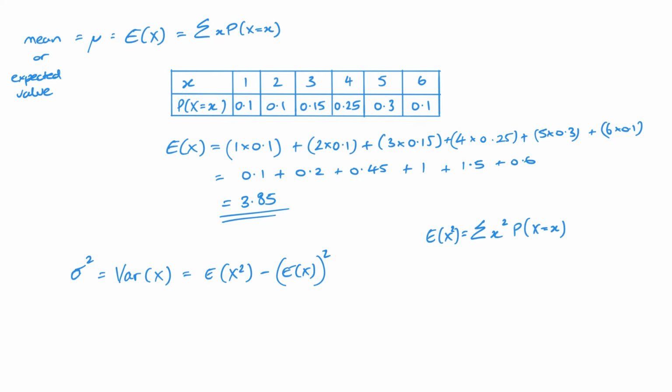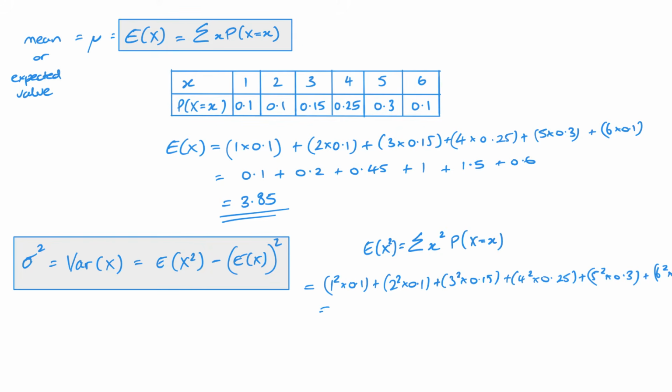So for our example, we'd have 1 squared times 0.1, plus 2 squared times 0.1, plus 3 squared times 0.1, and so on.